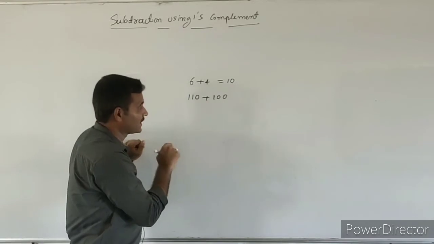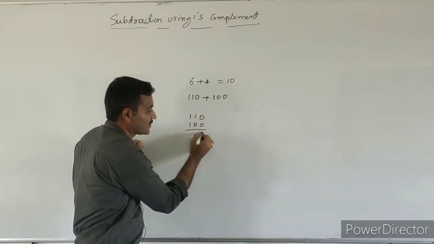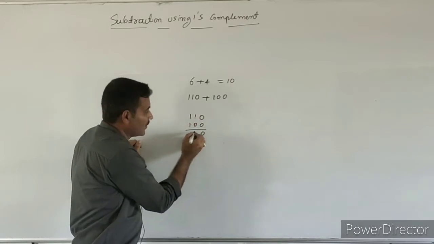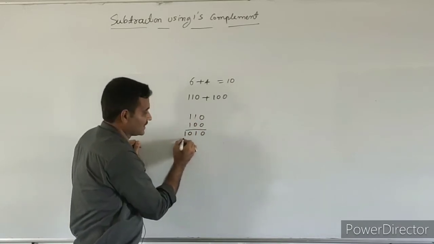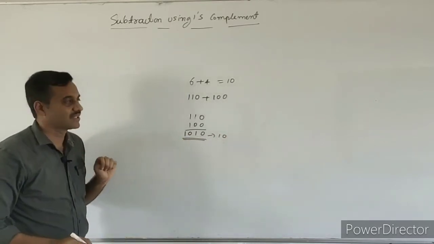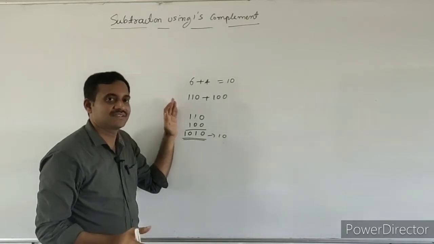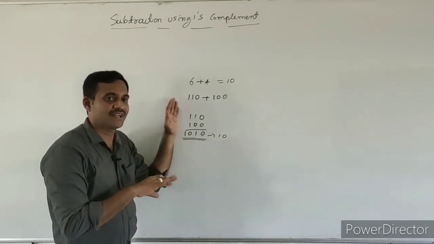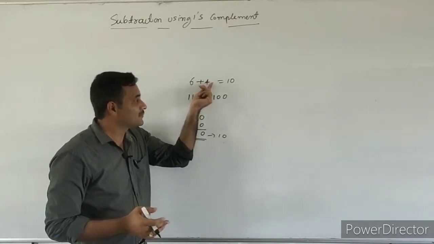So two binary numbers, 110 and 100. 0 plus 0 is 0, 1 plus 0 is 1, 1 plus 1 is 0, carry to the next stage, that is 1010, which is decimal 10. So this is the normal process, but the computer uses the same circuit for both addition and subtraction. For this, it changes the sign of the subtrahend.